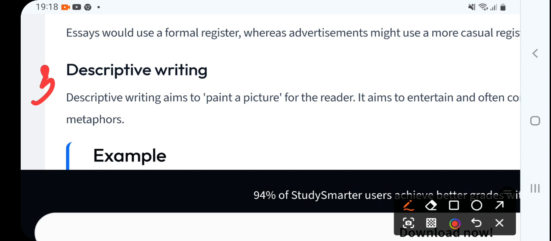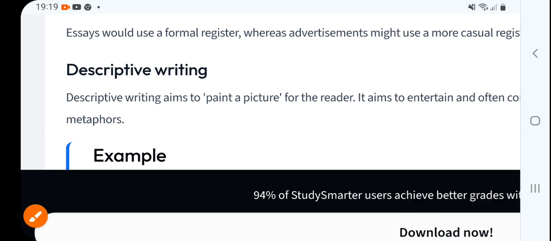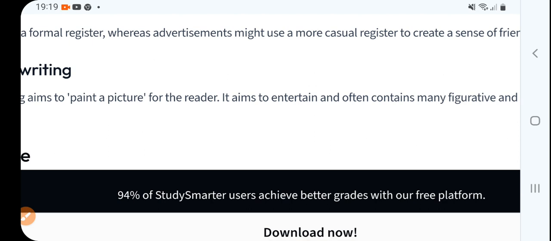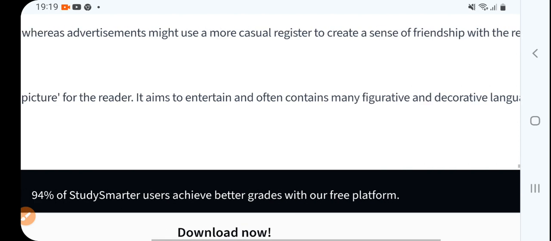descriptive writing. Descriptive writing aims to paint a picture, right? So I would use the narrative style, where I create an image in the mind of the listener. It aims to entertain, and uses figurative and decorative language.